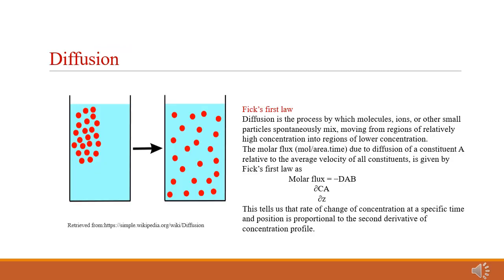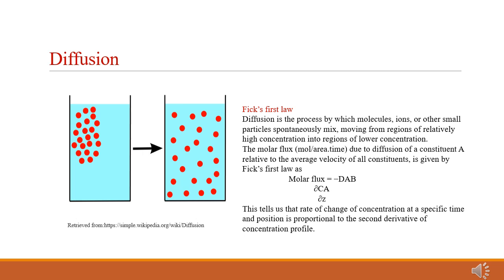Understanding diffusion. Diffusion is a process by which molecules, ions, or other small particles move from regions of higher concentration to regions of lower concentration due to random molecular motion.